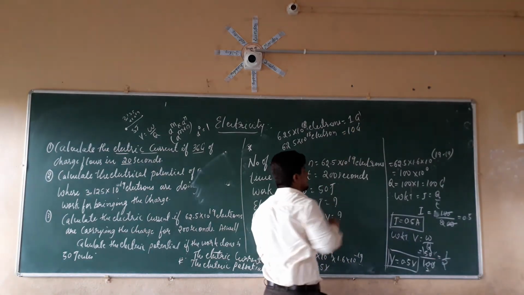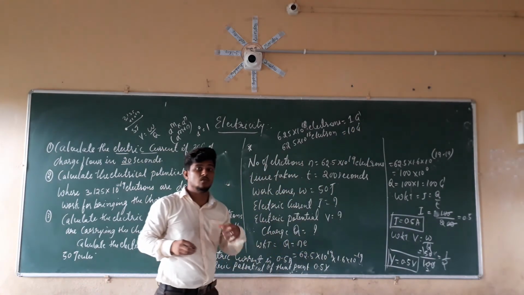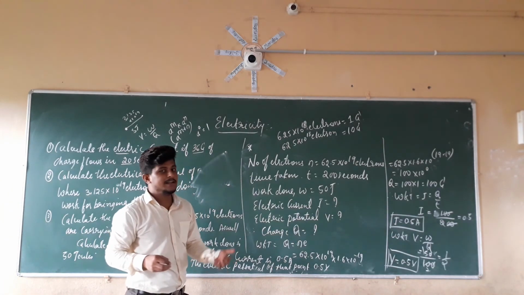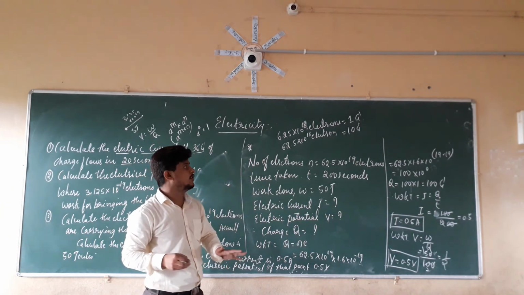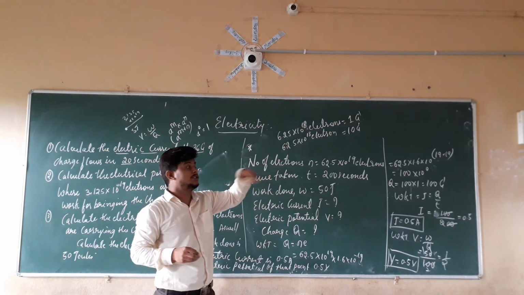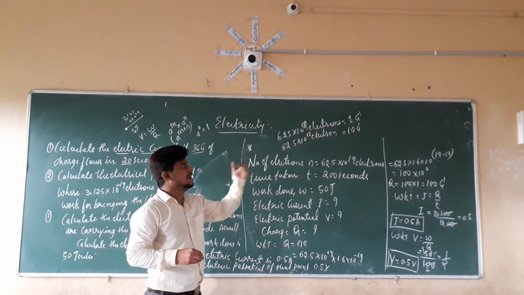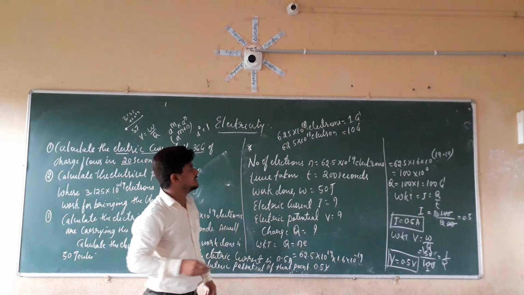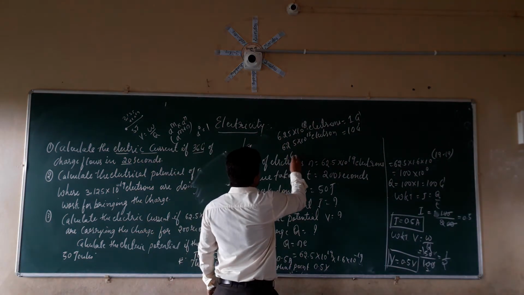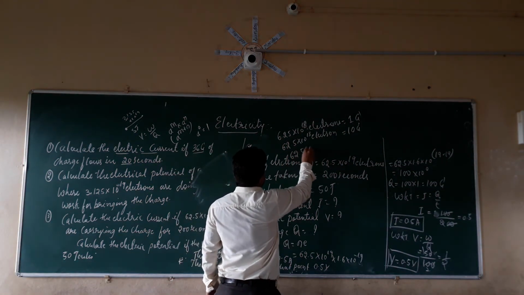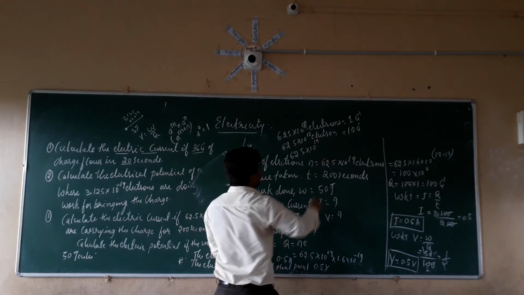It is going to give 10 coulombs of charge. For that reason, 62.5 into 10 raised to 18 electrons constitute 10 coulombs of charge.